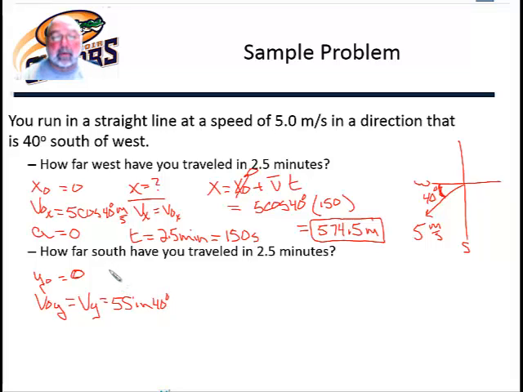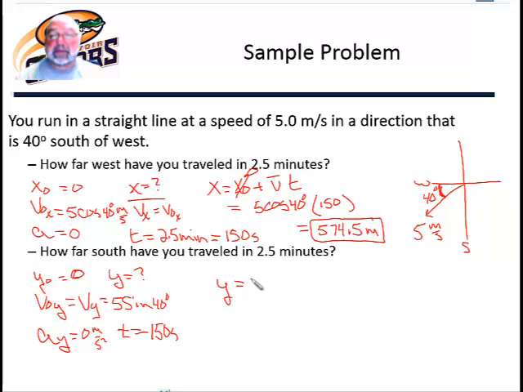We're looking for our final location. Our acceleration in the y direction is equal to 0, and the time that we're traveling for is, again, 2.5 minutes, which we already figured out was 150 seconds. I'm going to use the same equation, but change my x's into y's.